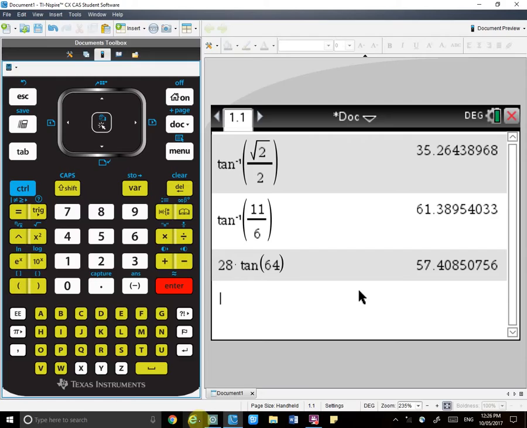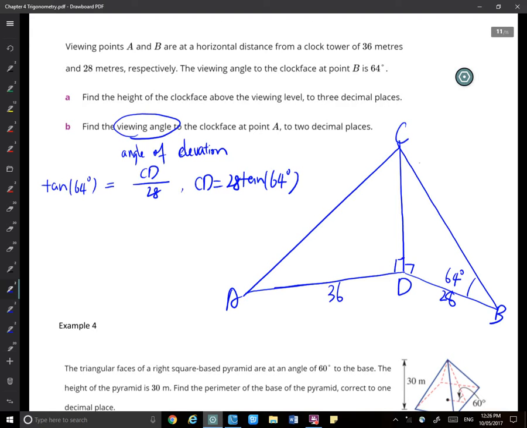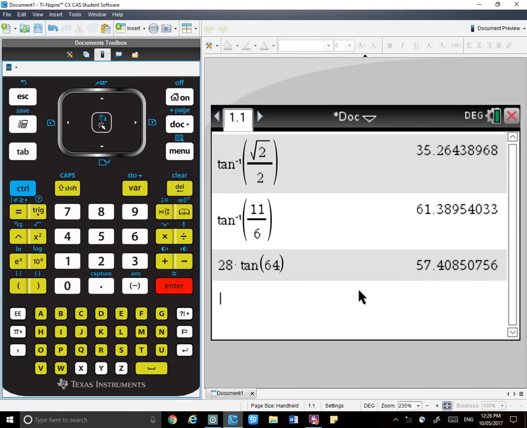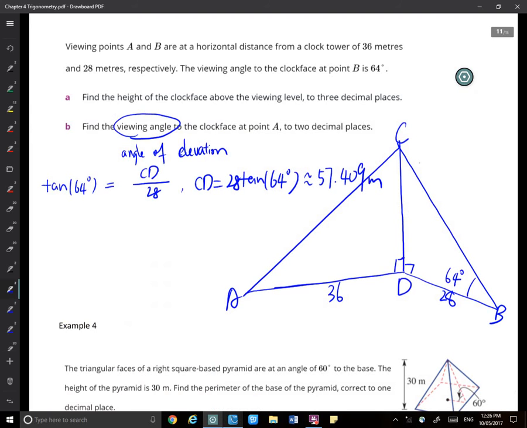Let's say 3 decimals: 57.409 meters. Okay, so this is the height of the clock tower above the viewing level.